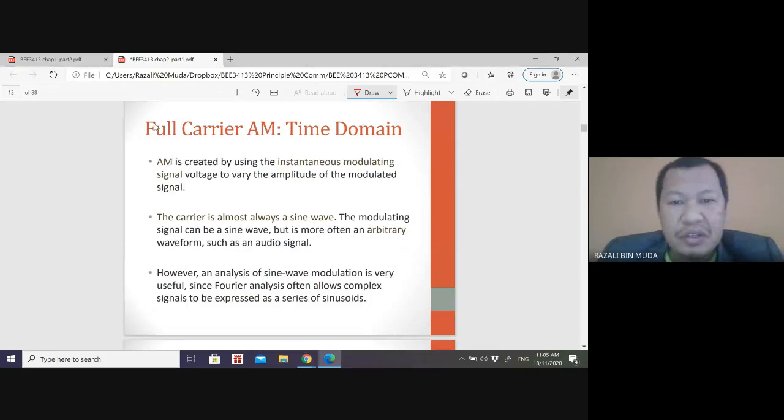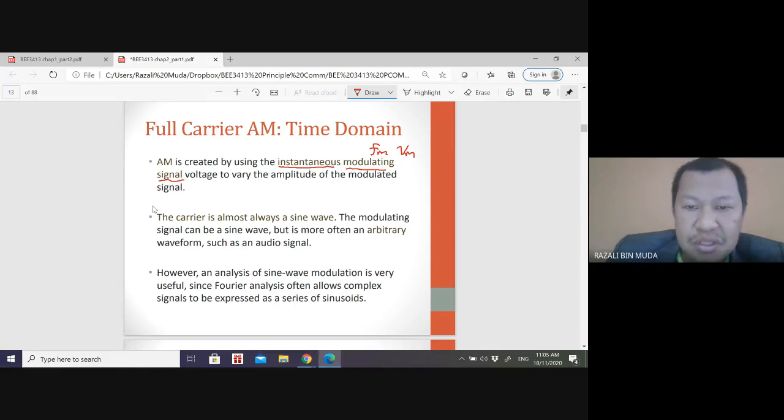AM is created by using the instantaneous modulating signal voltage to vary the amplitude of the modulated signal. So modulating is FM or VM, to vary the amplitude of the modulated signal. The carrier is almost always a sine wave.